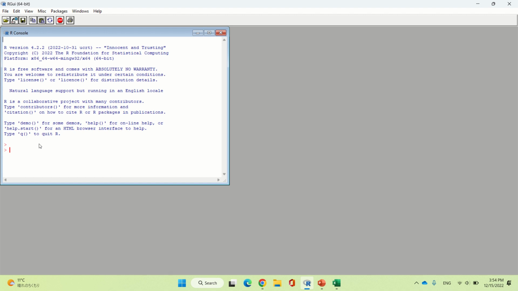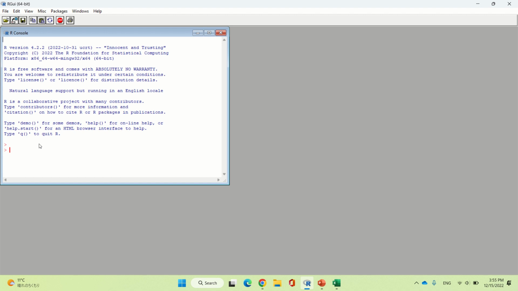In our software, the code for the assign is the arrow, the hyphen and the less than. The data set should always be a vector, and in our software, the vector formula is C. C and data 1, comma, data 2, 3.